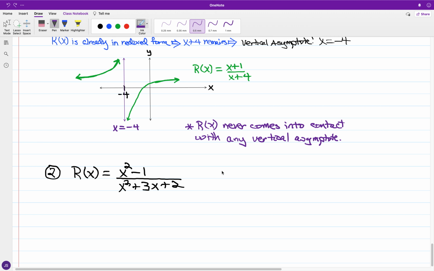So before any kind of simplifying is done, you're going to attain the exclusions from the domain. In this case, we have x squared plus 3x plus 2 cannot be equal to 0. And if that is the case, we have the factors cannot be equal to 0 either. So we have the factors at x plus 2 and x plus 1.